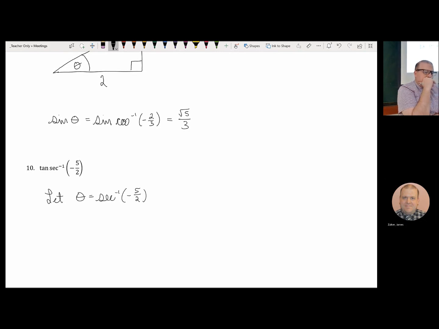If we're taking the inverse secant of a negative number, then our angle has to be between what values?